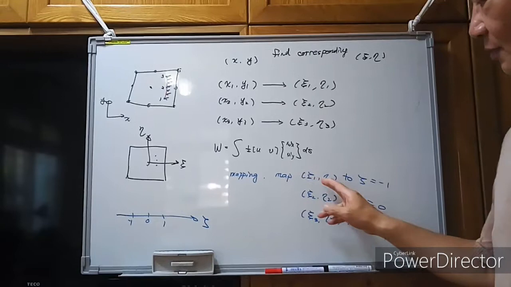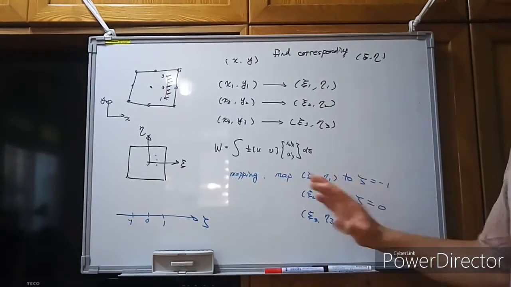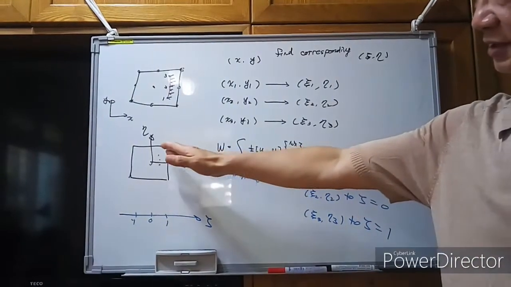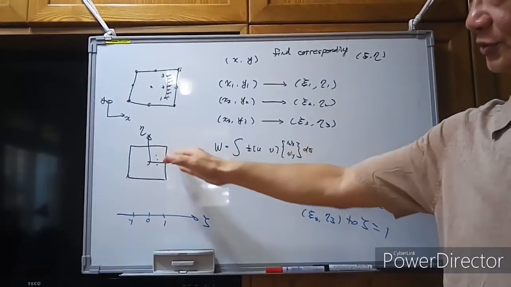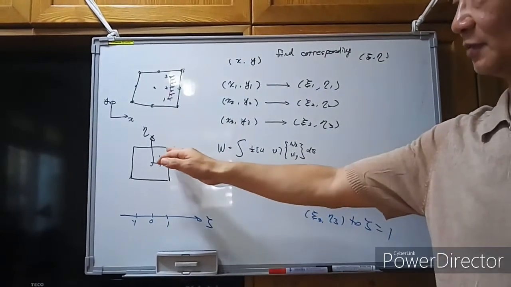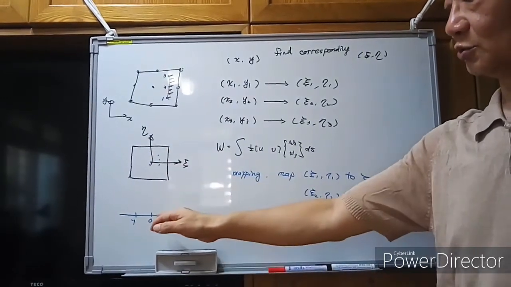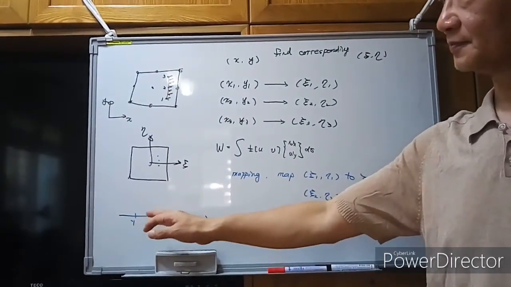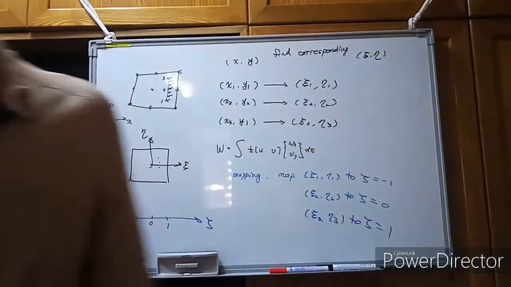We map c1, eta1 to zeta equal -1, c2, eta2. So that's the first mapping, and right now we can do the second mapping. The second mapping will map the three points in the mass element to the zeta axis. Okay, so that's the thing we are going to do.